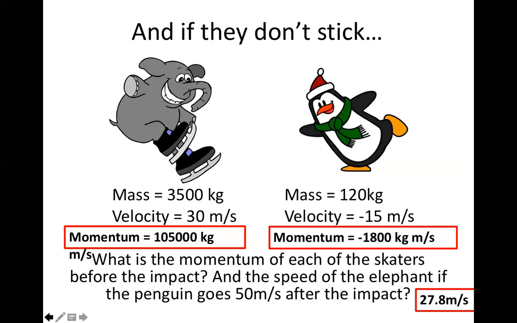103,200 divided by 3,500. What, elephant separately? I got 29. Let me just try the penguin. Nope, I did not get 27.